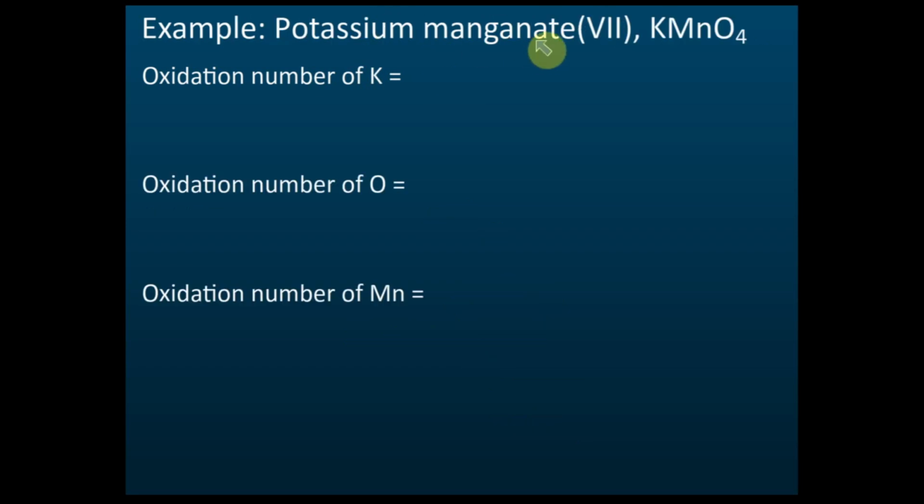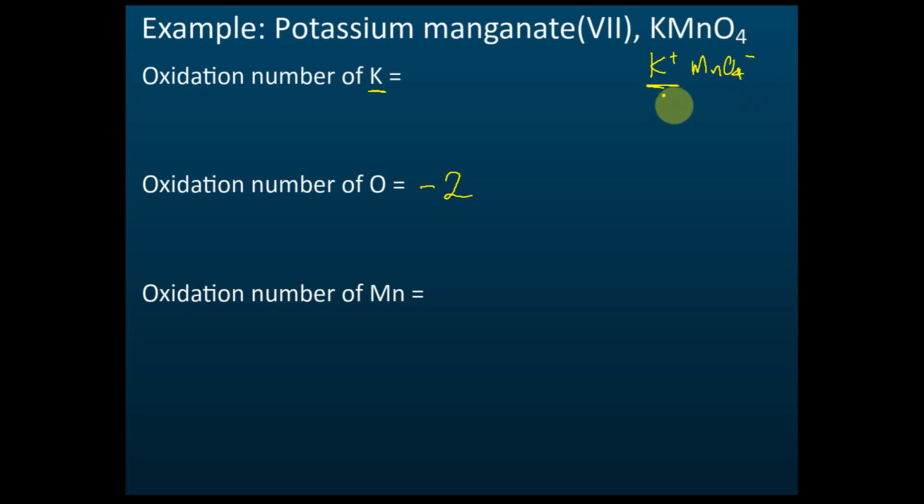Potassium manganate. What's the oxidation number of oxygen? -2, that's correct. How about the oxidation number of potassium? Do you know the charge of potassium? This is potassium manganate, formed by a potassium ion and a manganate ion.